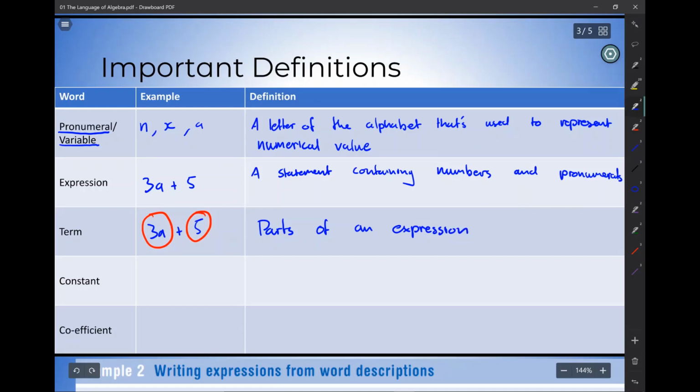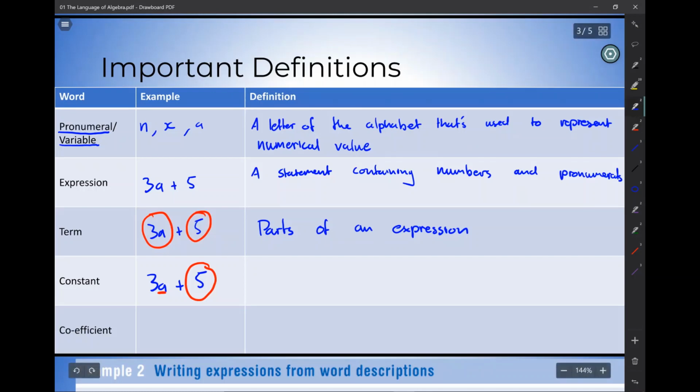Now, the constant is a special name that we give to the parts of an expression that don't have any letters. Okay, the thing about this a is that it can change. a can take on any value you like it to, but 5 is always 5.